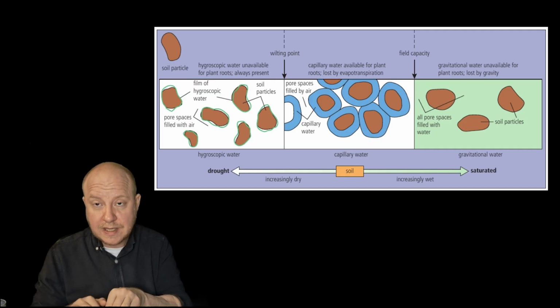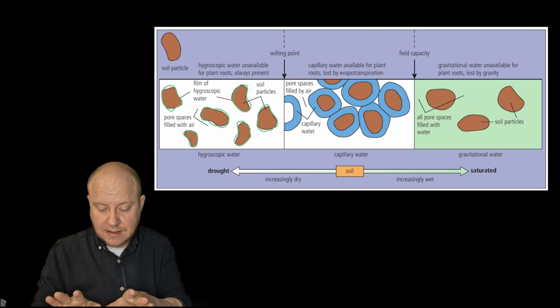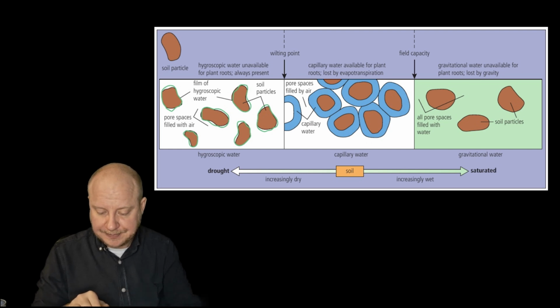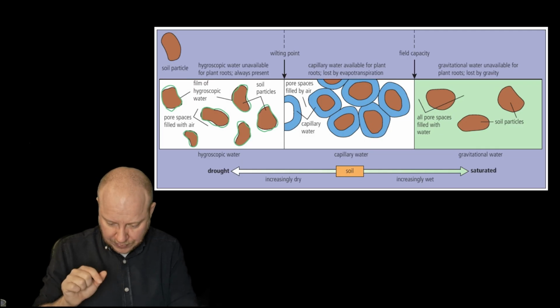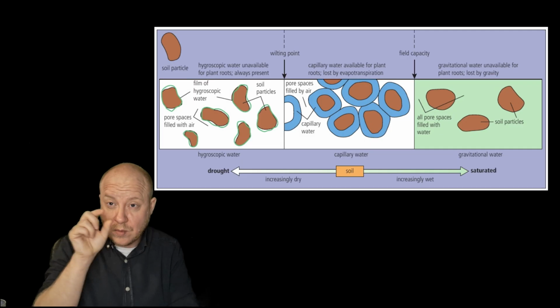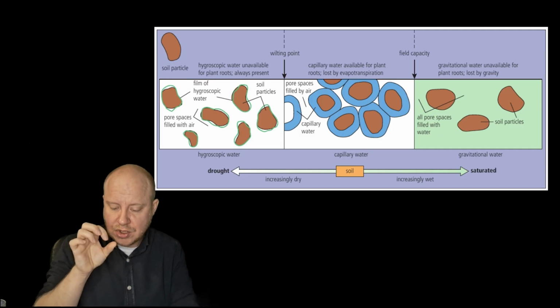Okay, so when it's not too dry or not too wet, you have capillary water available for plant roots, lost by evapotranspiration. So you can see these soil particles, and there's capillary water around each soil particle.